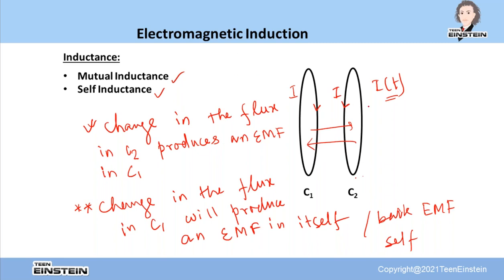So if you have two coils, a change in the flux in one coil will produce an induced EMF.